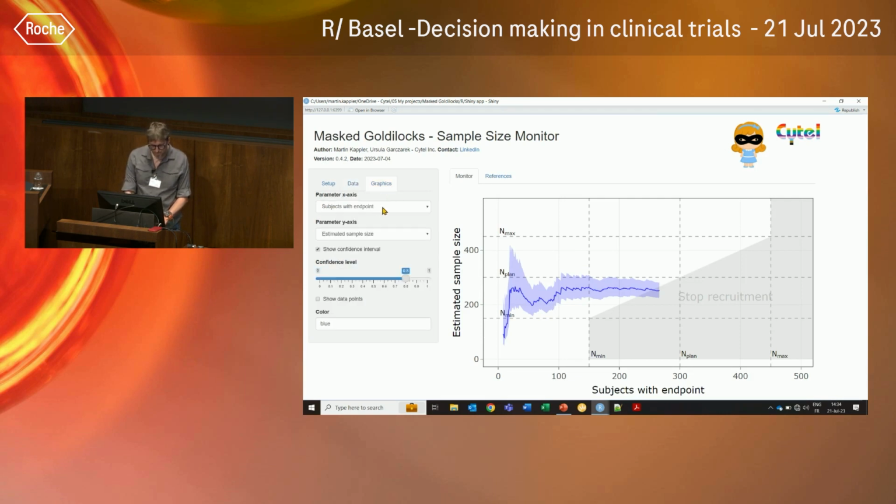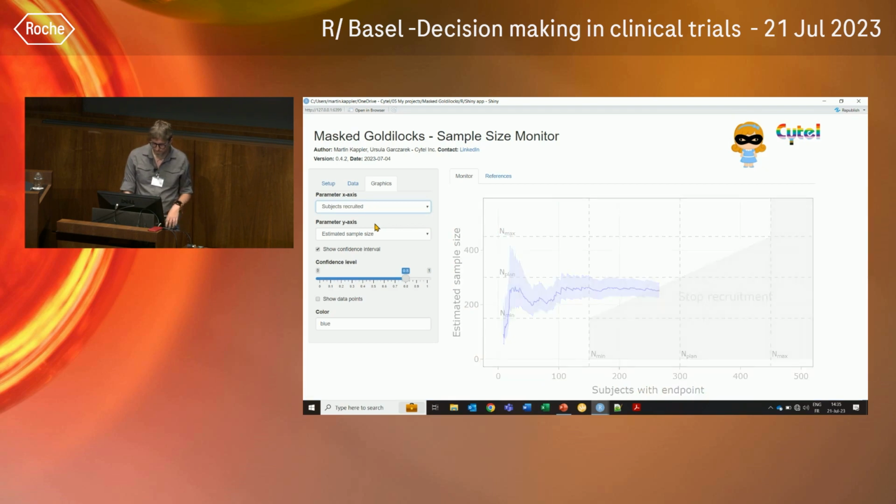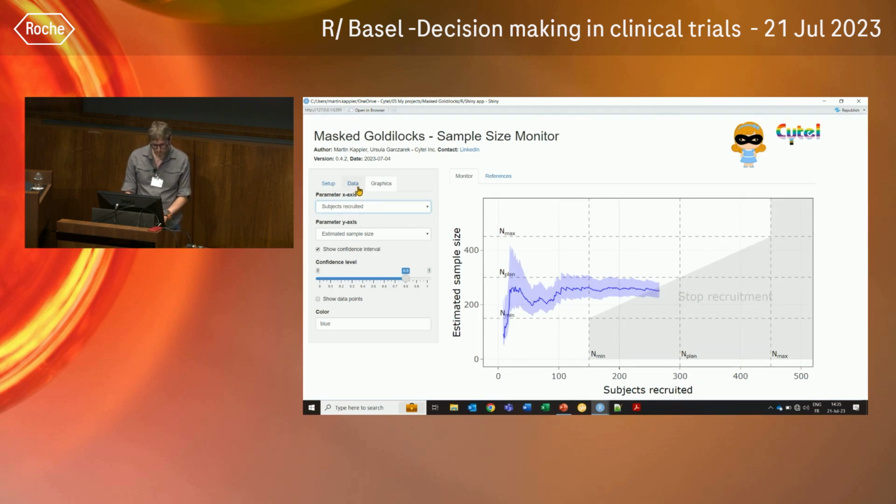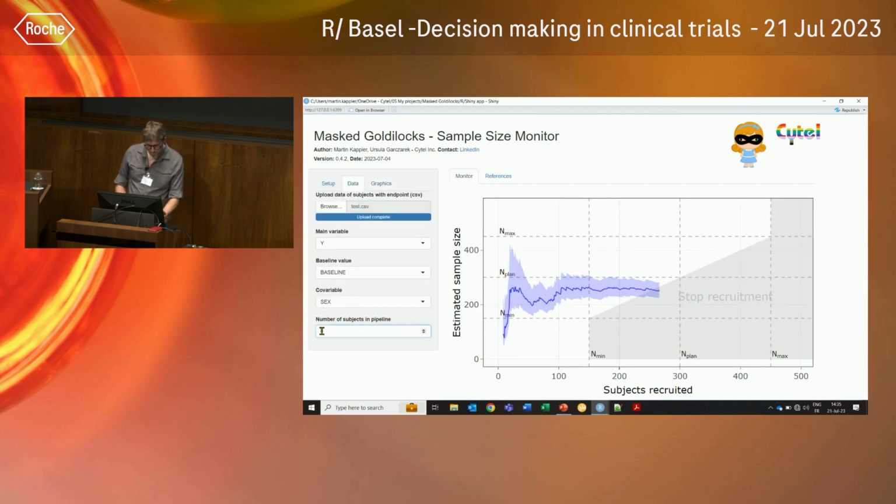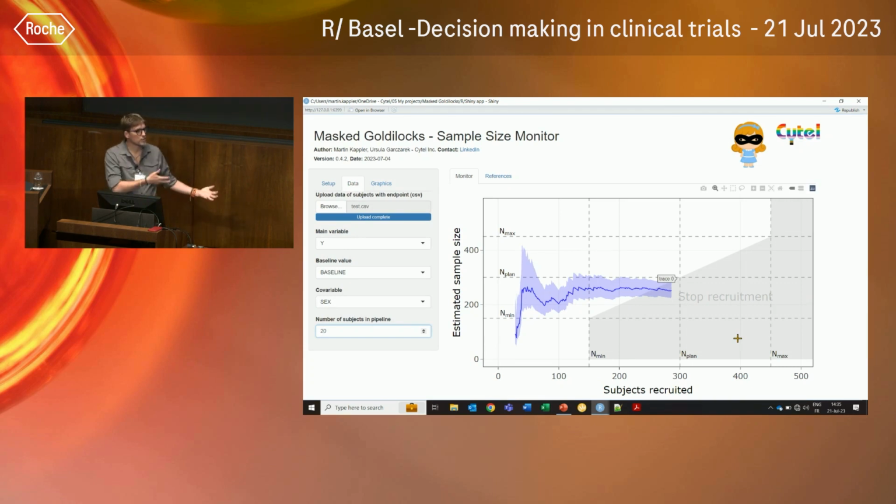You also can have different parameters here. You can look at the subjects recruited instead of the subjects with endpoint when you enter that you have patients in the pipeline. Then you see you're even deeper in the stop recruitment zone, because you are already above the necessary sample size with your number of patients in the pipeline.